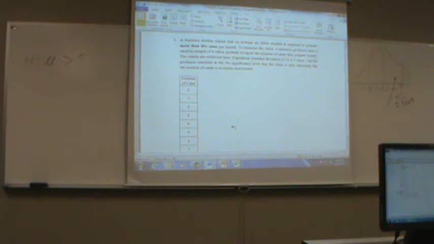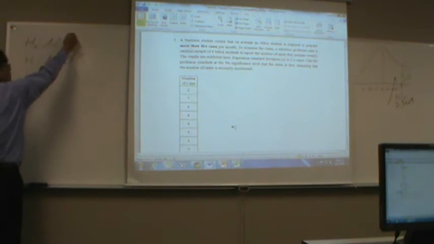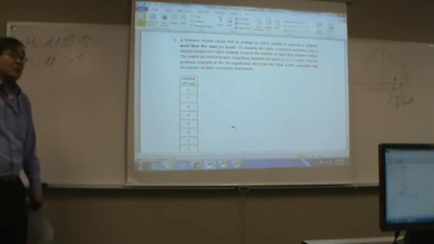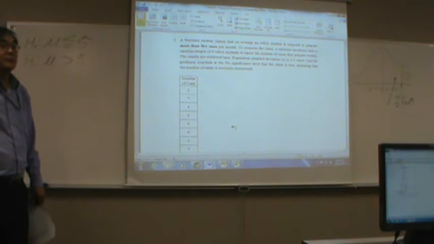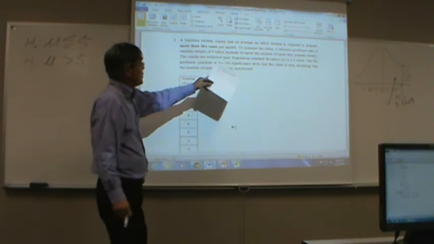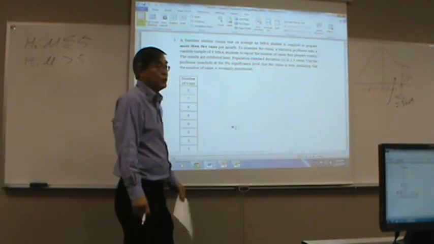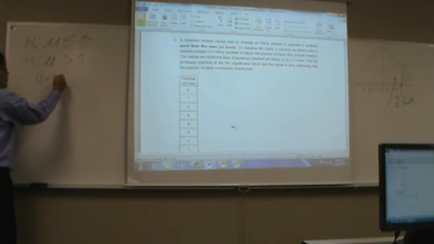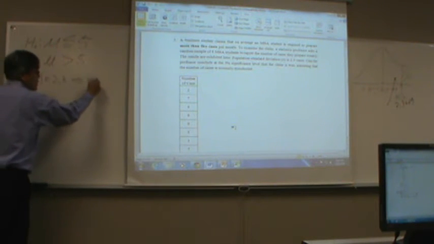Right? So therefore it's a one-tailed test. H0 is less than or equal to 5. Okay, now, is it Z or T? Z. It says population standard deviation is 2.3, so it is a Z test.